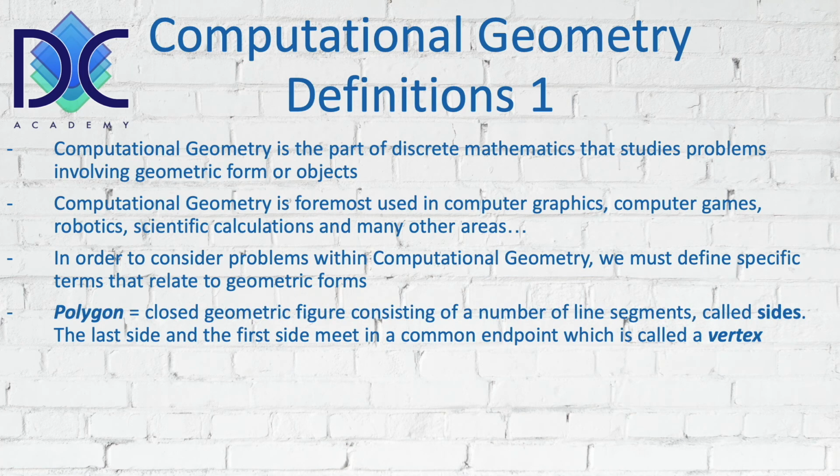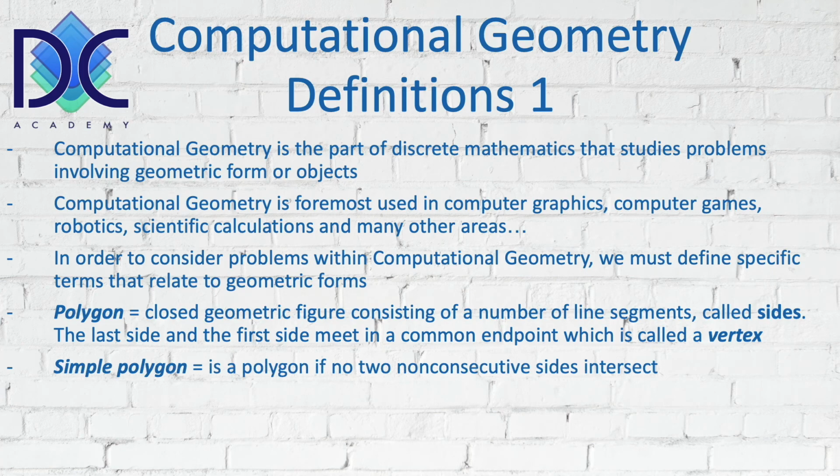First of all, we have to define what is a polygon. A polygon is basically a closed geometric figure consisting of a number of line segments, which we call sides, and the last side and the first side meet in a common endpoint, and we call that endpoint a vertex.